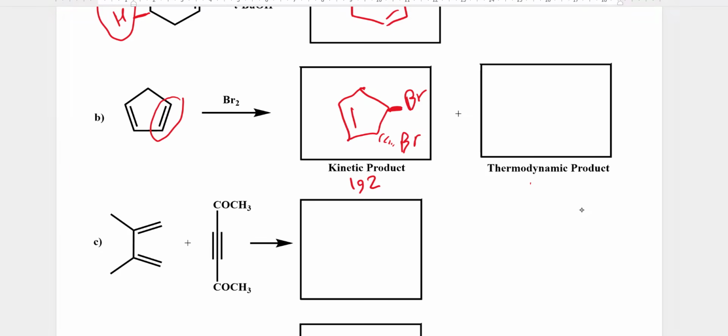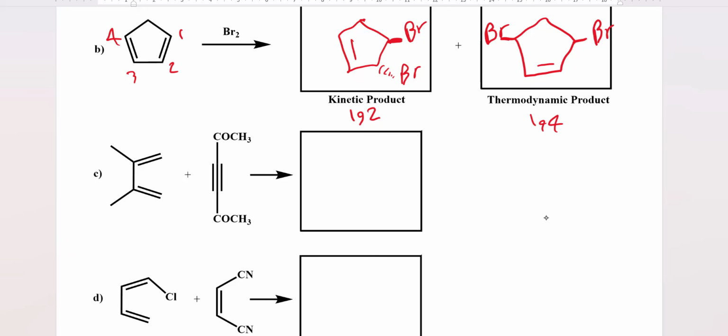And thermodynamic is 1,4. So we should put one bromine on carbon 1 and one bromine on carbon 4. So between carbon 2 and 3, we should put a double bond. Then we have one bromine on carbon 1 and one bromine on carbon 4.